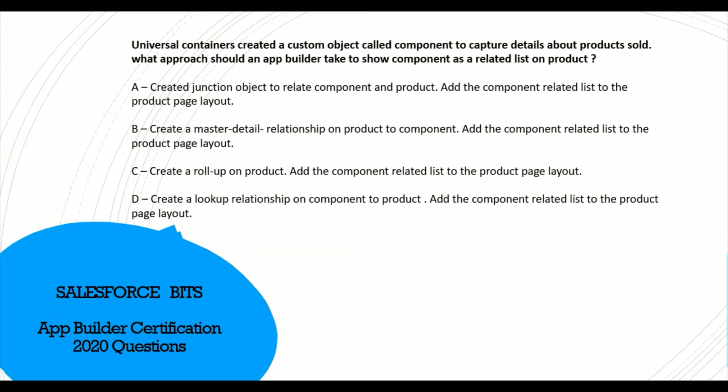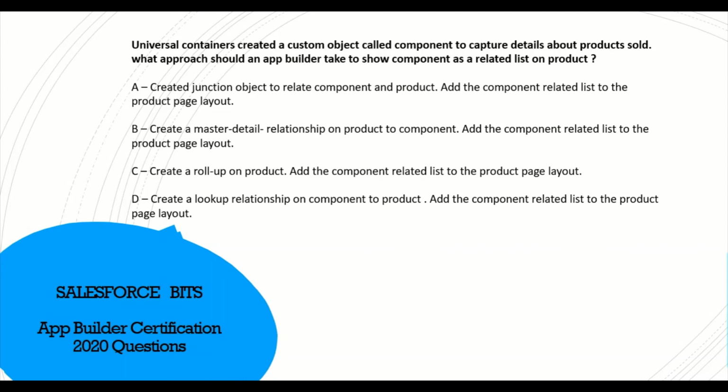As per me, lookup relationship is not necessary, because this is about the product sold details. For each product, the component can be to whom it is sold and what date it is sold, or anything of that transactional sort.